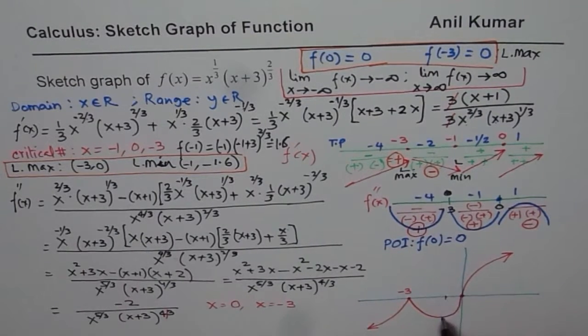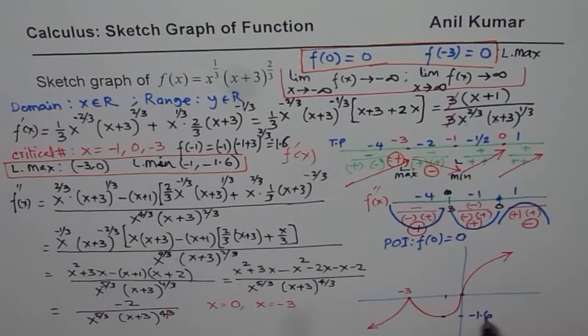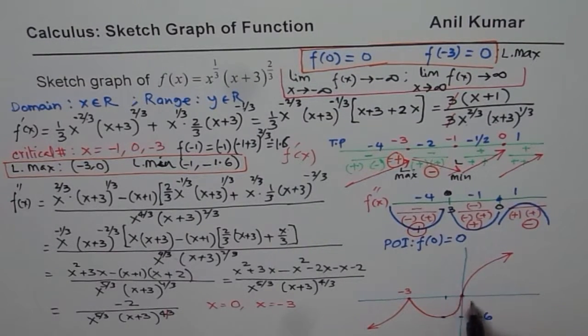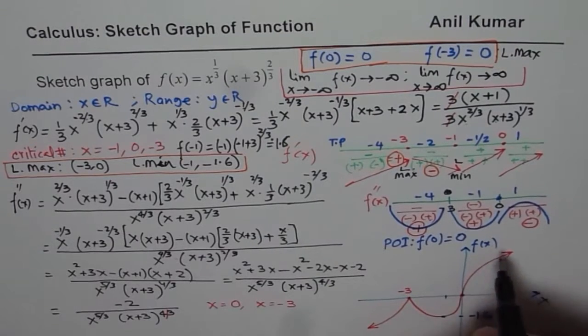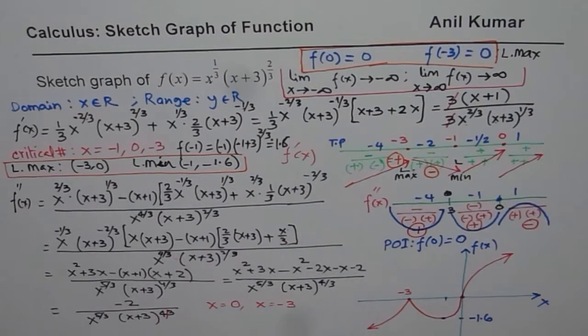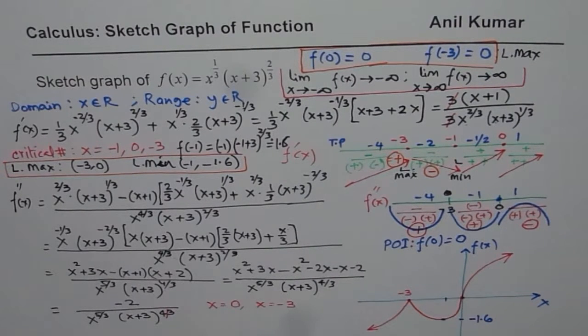So let us say this is -1, and that's the minimum at approximately -1.6. We have a point of inflection at the origin, right? So that is how the graph is going to be for the given function, and that indicates the end behavior. I hope that this helps you to understand all the concepts required to sketch a radical function.